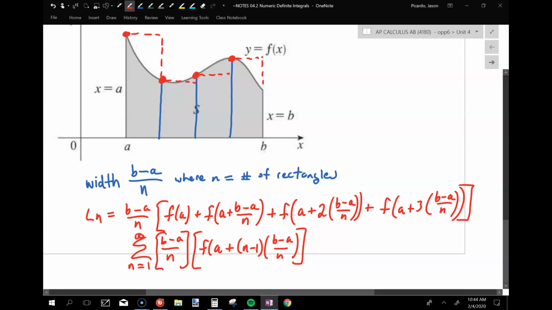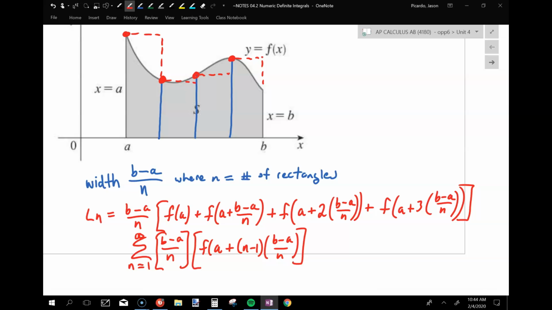And so some mathematician years and years ago came up with that. And that represents an infinite number of rectangles on the left-hand side to get us our solution. Now, we don't need to do that, right? Because we have better ways to do it now.